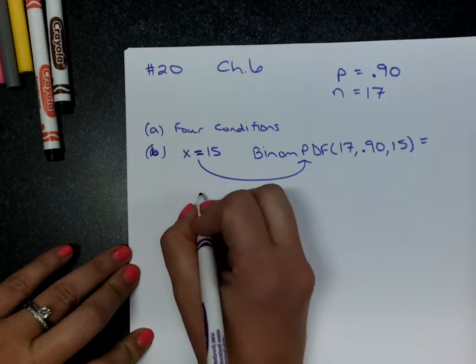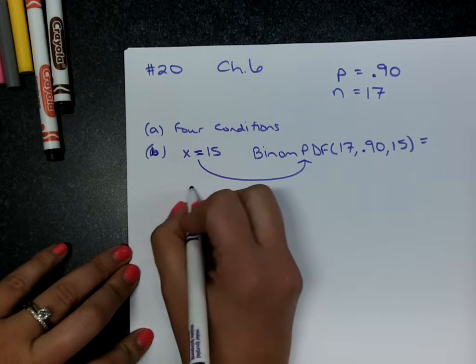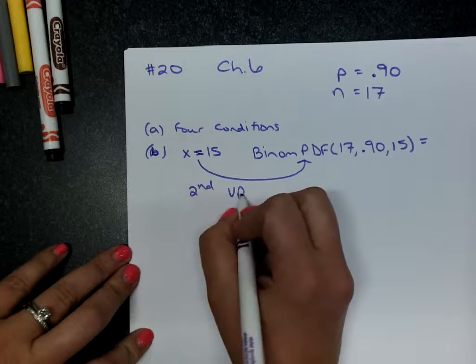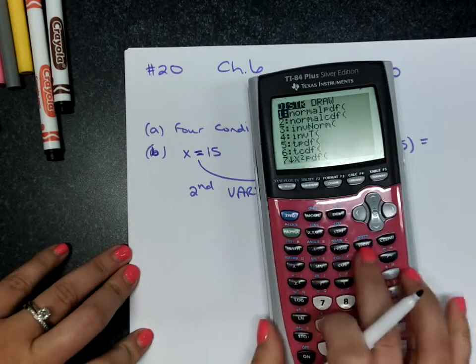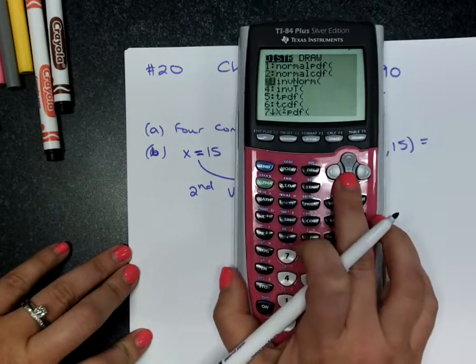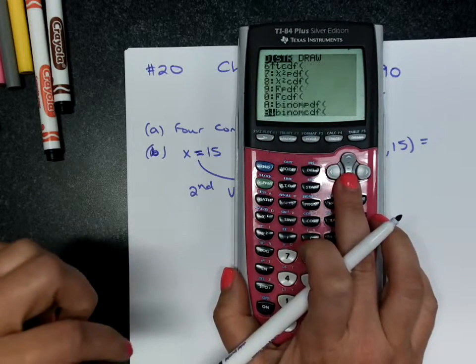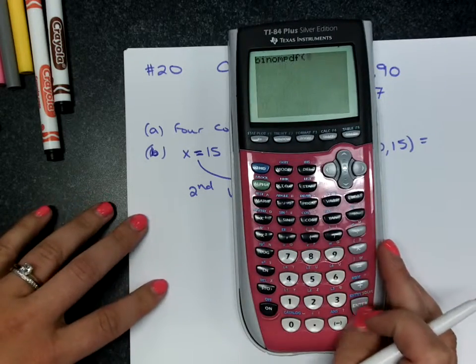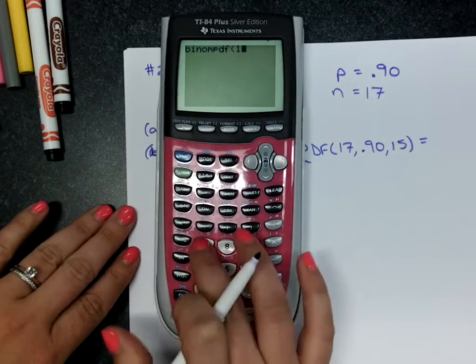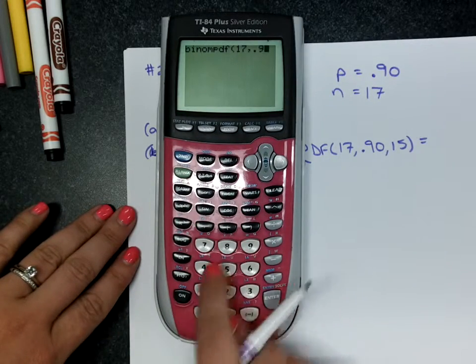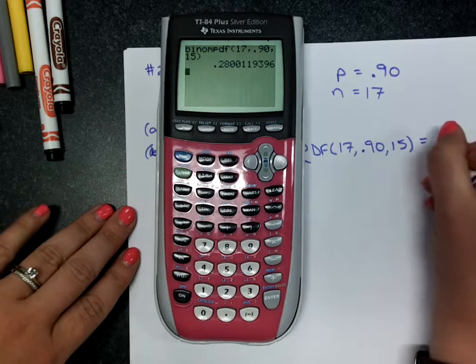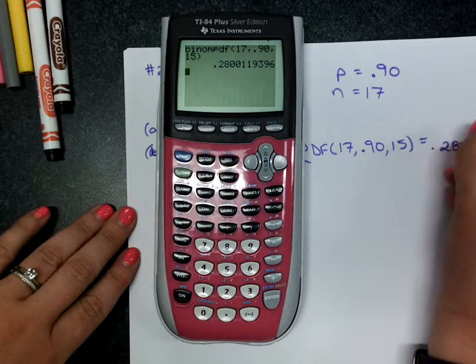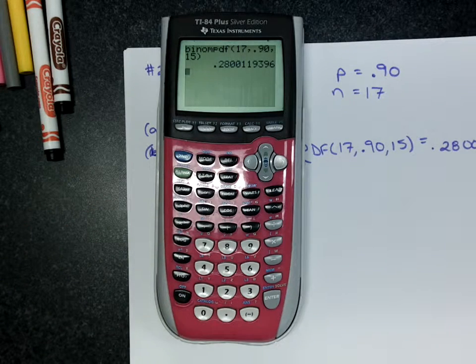So that function can be found under second vars in the calculator. Vars stands for variables, so second vars. And you're going to go down to binomial PDF. You'll put in the three things, 17, comma, 0.90, comma, 15. And that will give you your exact answer, 0.2800. So I'll put that in.